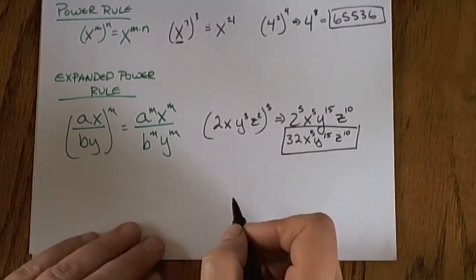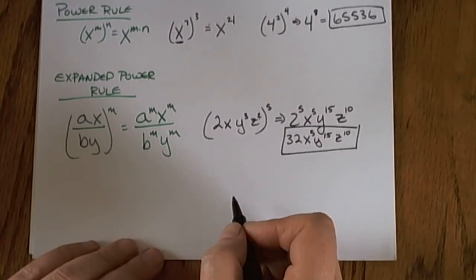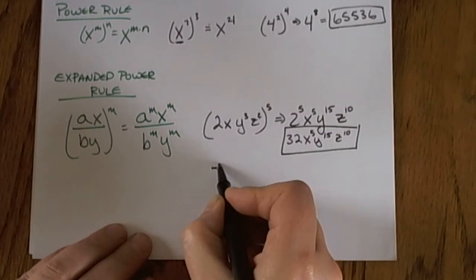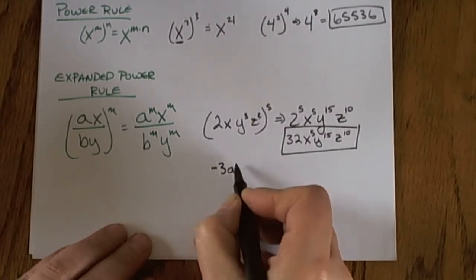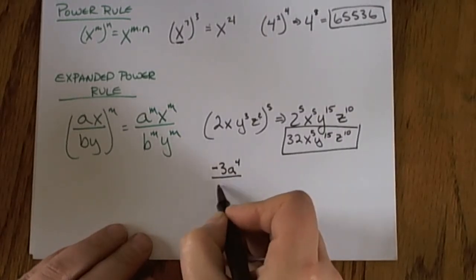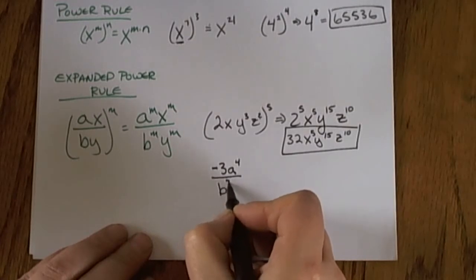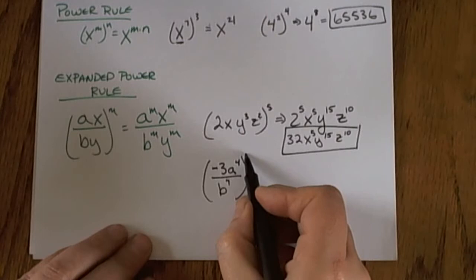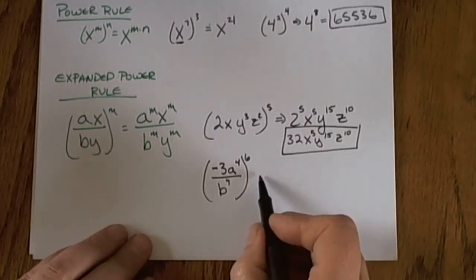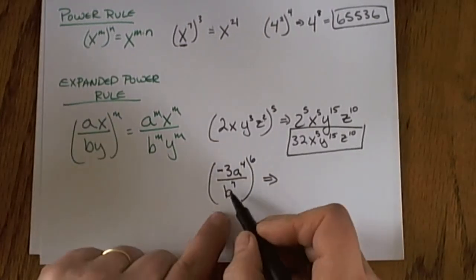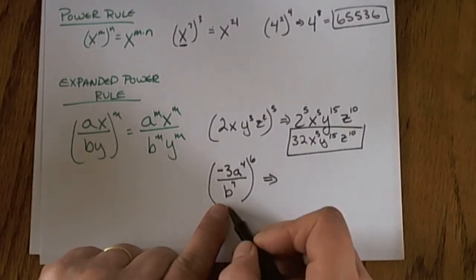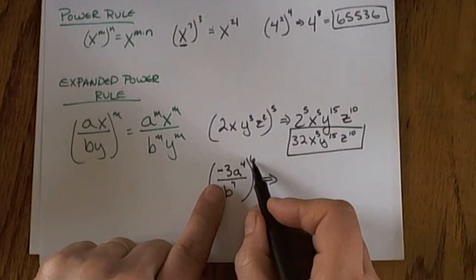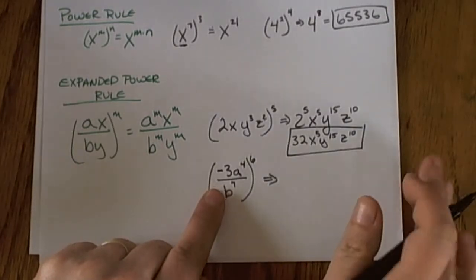Let's look at one more example of the expanded power rule. We'll look at one that has a fraction. Say we have negative 3a to the 4th over b to the 7th. And let's take that all to the 6th power. So again, each of the factors inside is going to be taken to that 6th power. If I have a negative to an even power, that's going to give me a positive answer.